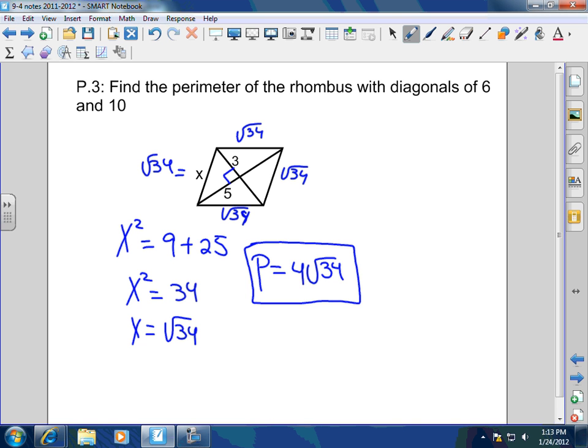No, this is not 4 square root of 34 units squared. It is units. Because it's a perimeter, my brother. Area would not be that. Area, correct, would be 34 units squared. Yes, sir, my brother. Because square root of A times square root of A equals A. All right? Thank you, sir.